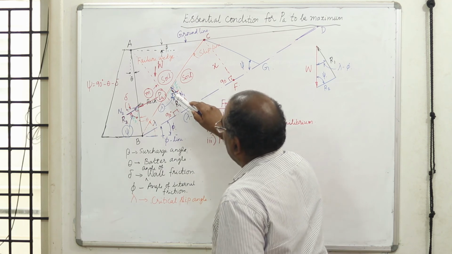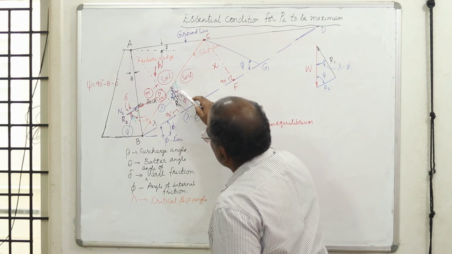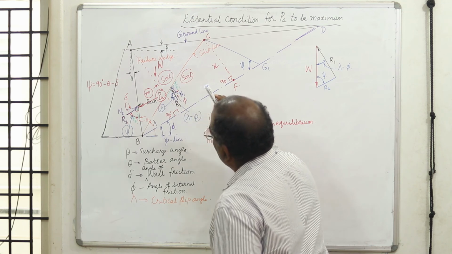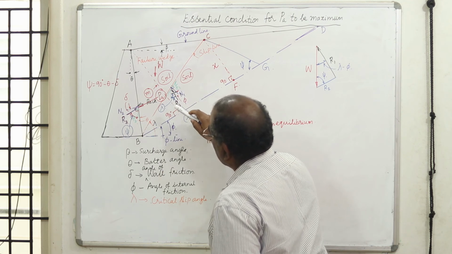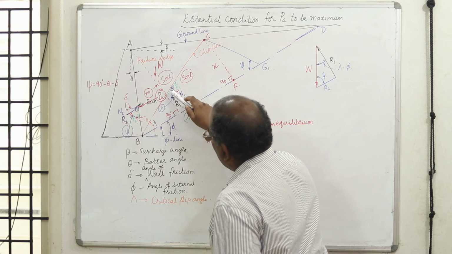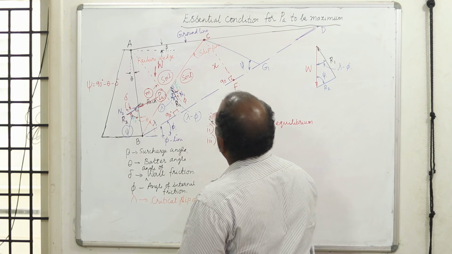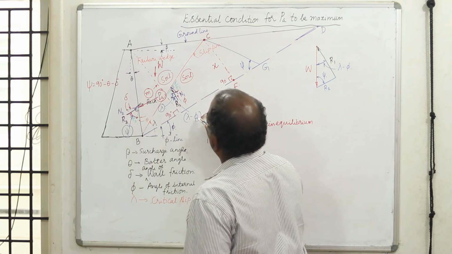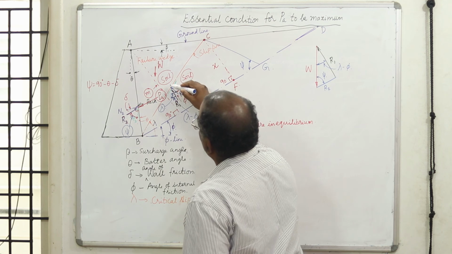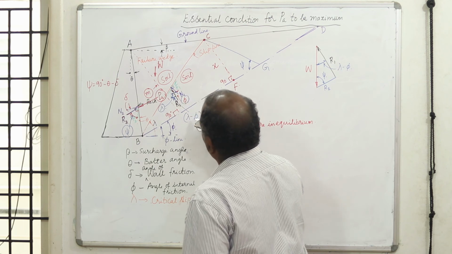Therefore, this angle is phi, and if I drop a vertical at the point of intersection of the friction force and normal N1, where the reaction R1 is acting, the angle between the vertical and the reaction R1 will be lambda minus phi. Therefore, the total angle between the vertical and the normal direction is lambda. Since this is phi, the remaining angle should be lambda minus phi.